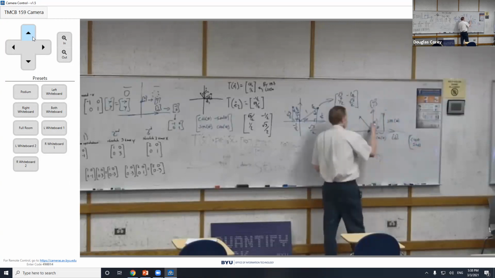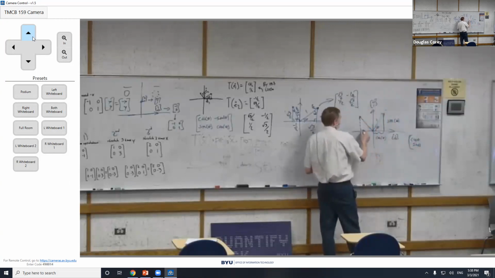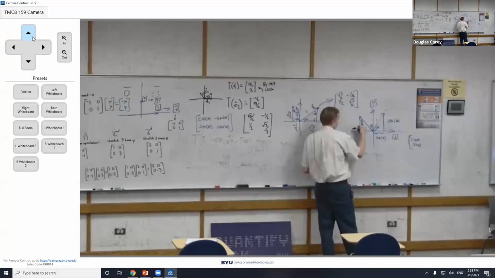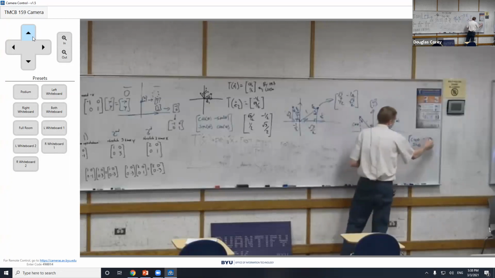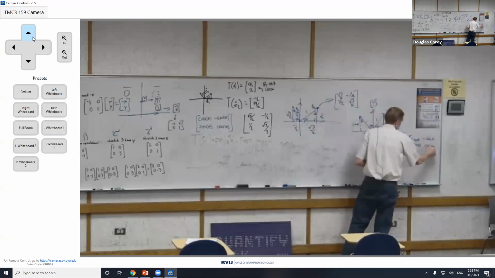And then you do the same thing with the second one. The trick here is this is theta. You have to do the transversal thing. So this is theta, this is 1, so the opposite side is your sine, and it's going in the opposite direction, and cosine theta. So you get negative sine of theta, cosine of theta.